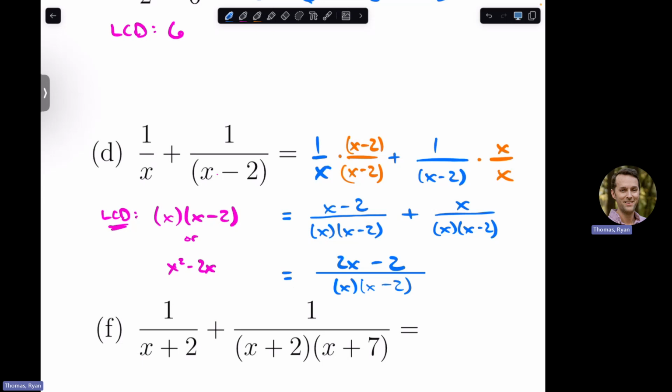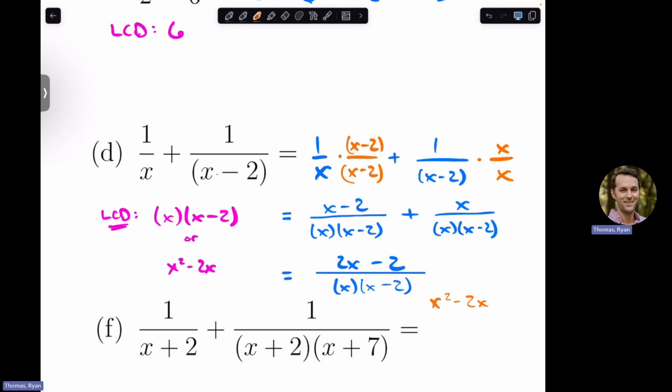Why do we need to... You don't have to. If you want to multiply x squared minus 2x in the bottom, that's fine. Yeah. Think about where we've just come from, though, right? Looking at rational functions and thinking about domain and vertical asymptotes and that kind of stuff. With it factored, I can tell a little more easily that x being 0 or x being 2 would be places where this thing's undefined, right?